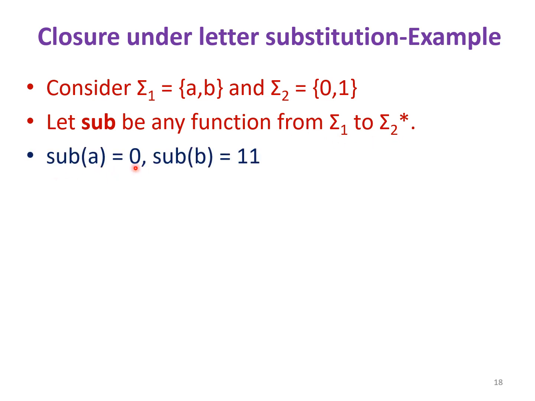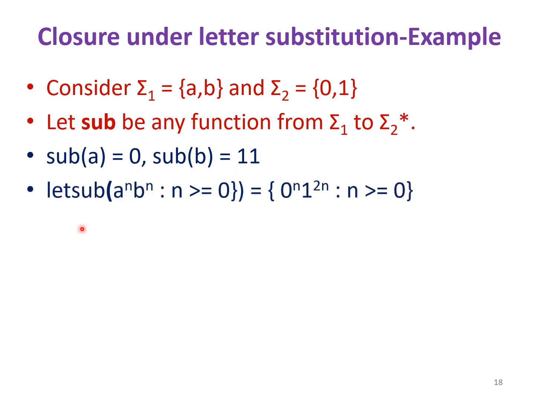Sub of A is equal to 0, sub of B is equal to 11. Then sub of A raised to n, B raised to n, where n is greater than or equal to 0, is equal to 0 raised to n, 1 raised to 2n, where n is greater than or equal to 0.